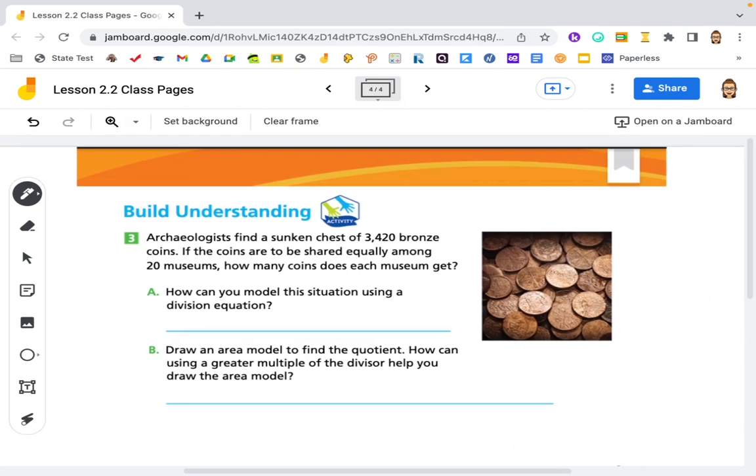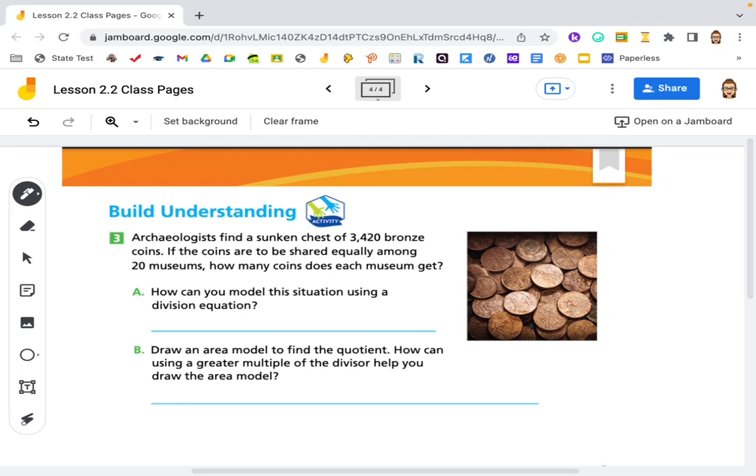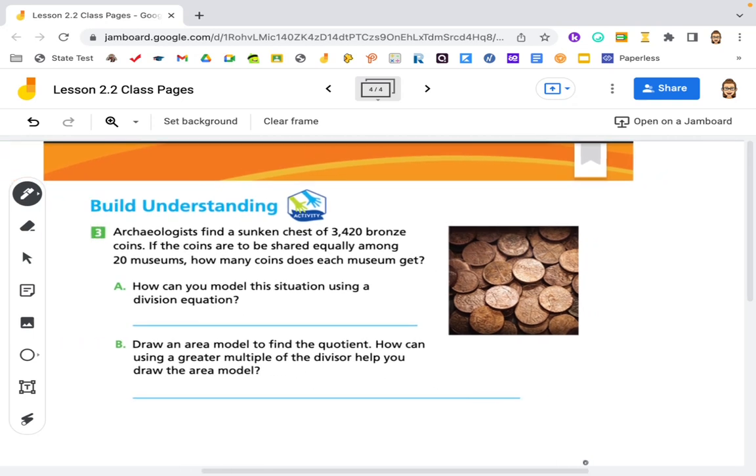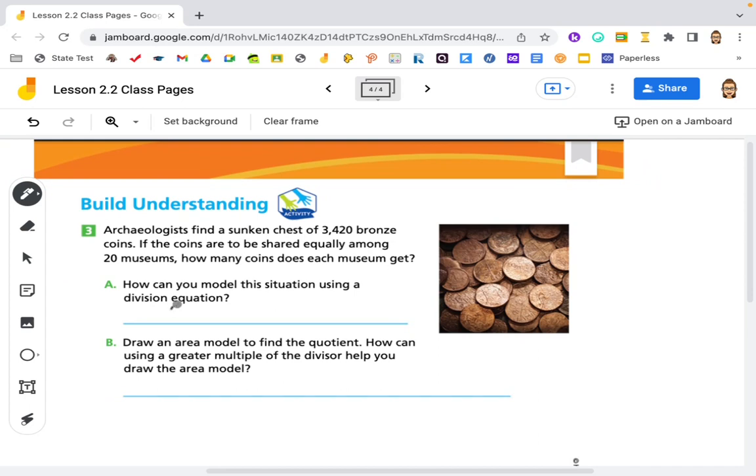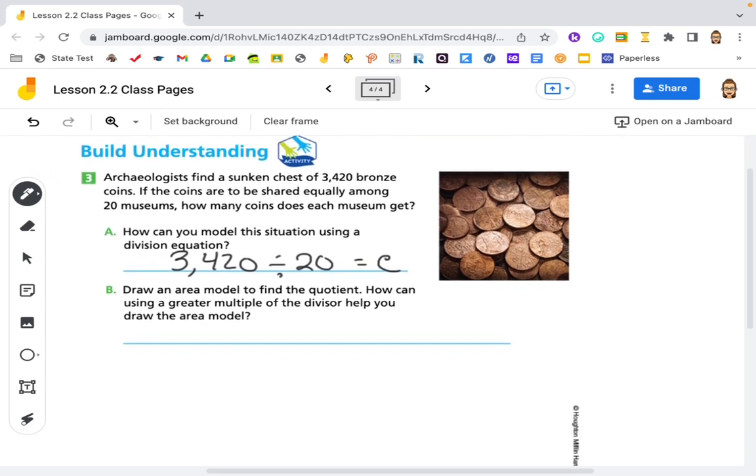So archaeologists find a sunken chest of 3,420 bronze coins. If the coins are to be shared equally among 20 museums, how many coins does each museum get? Well, our equation is going to be 3,420 divided by 20 equals C. Draw an area model to find the quotient. How can using the greater multiple of the divisor help you draw the area model?